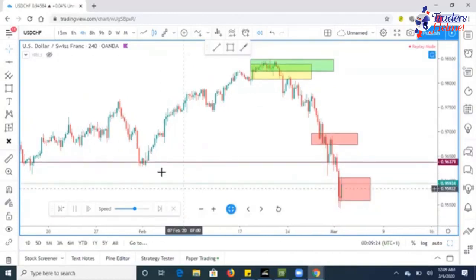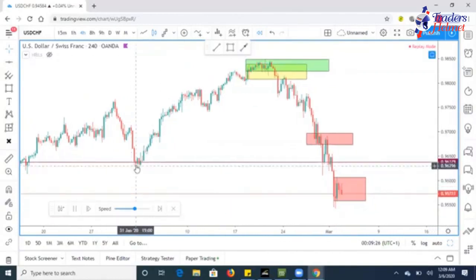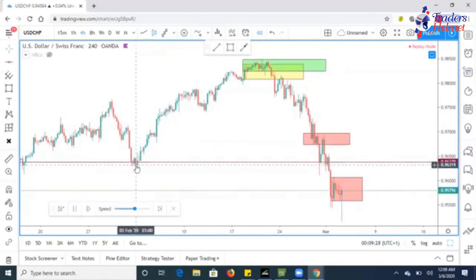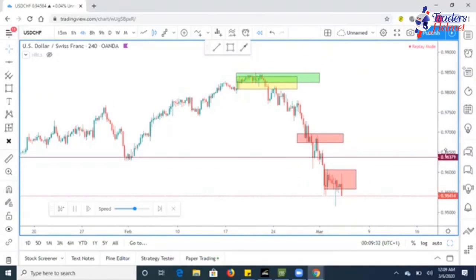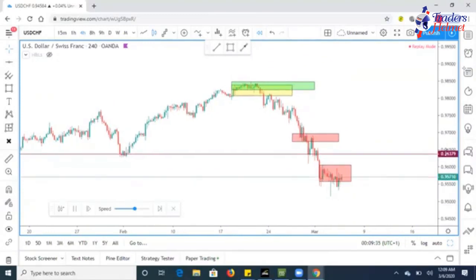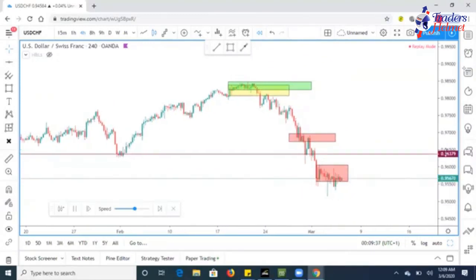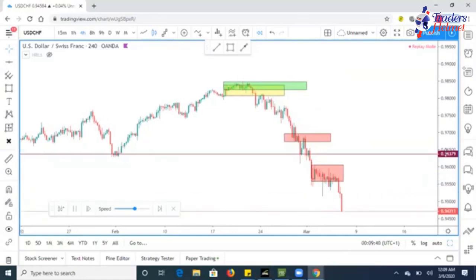Price has violated that support and has refused to go up. So it's not in our place to predict what price will do. We just follow price action.